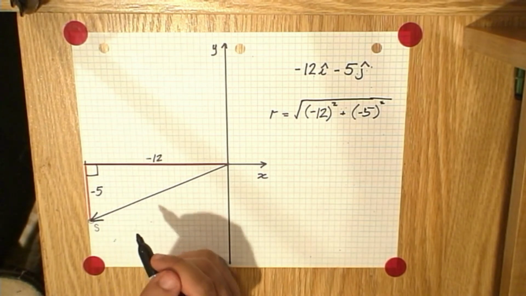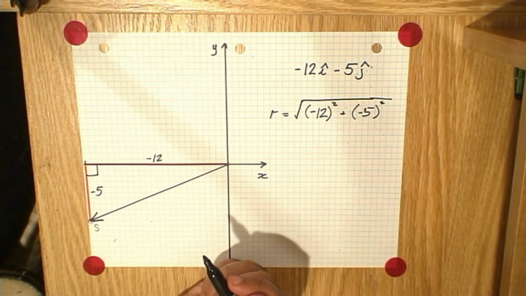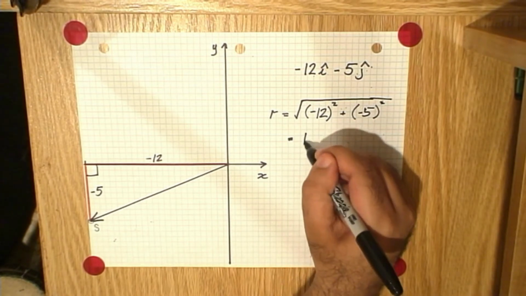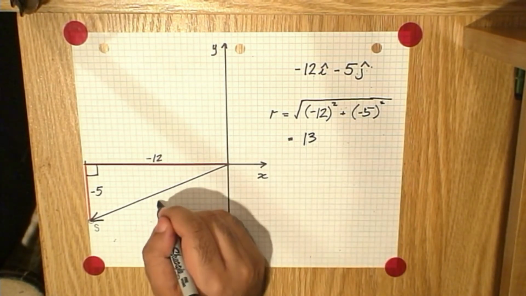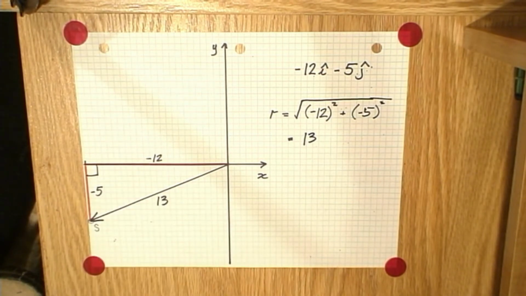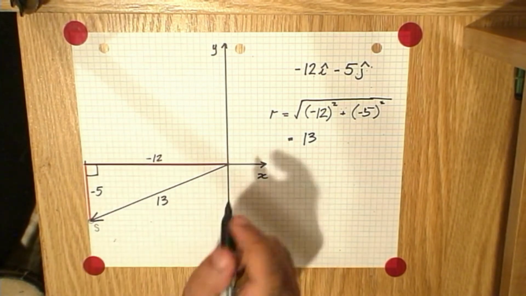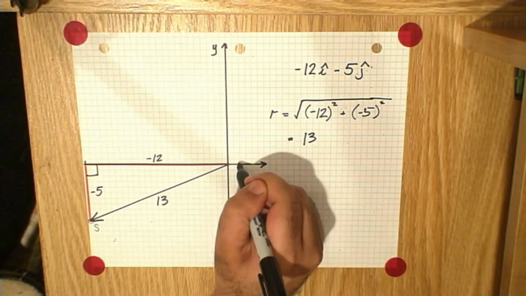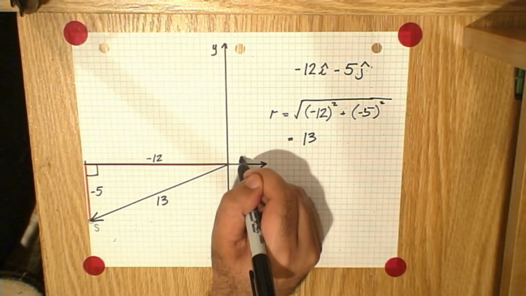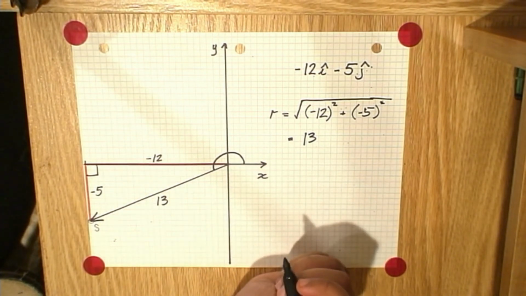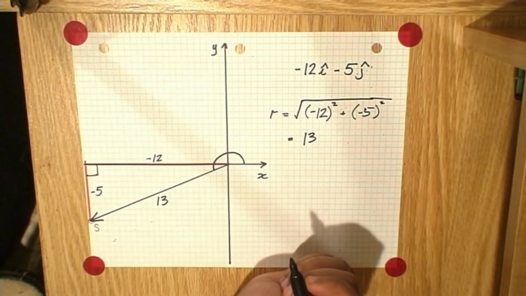You could do this with a calculator if you really wanted, but I'll just tell you that the answer is going to be 13. So this distance is 13. Now, what about the angle of orientation? We always treat the angle of orientation as starting at 0 degrees being the positive x-axis, so we are interested in this angle over here. That will uniquely place the shark.